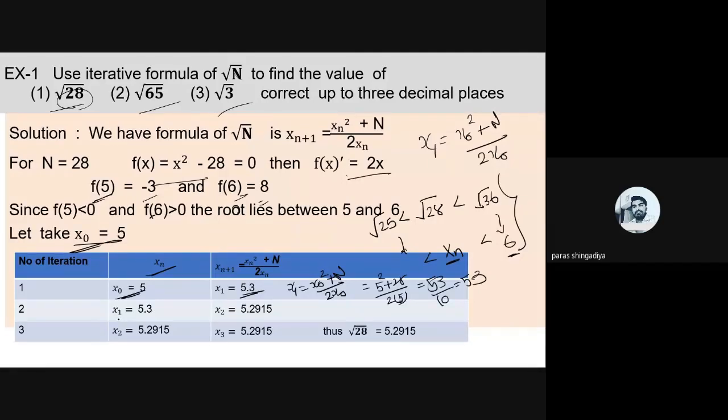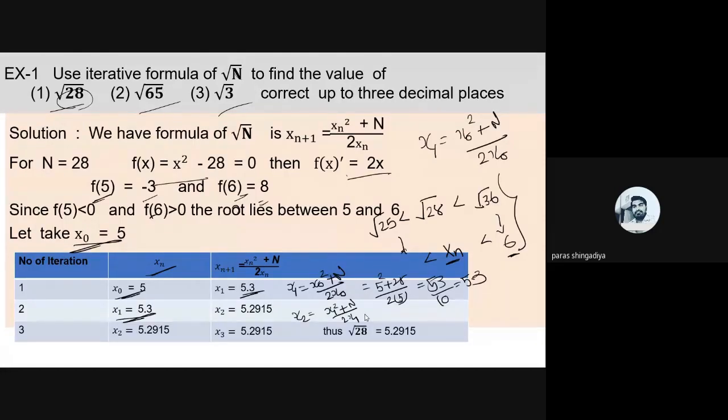For the second iteration, x1 is equal to 5.3. Now the formula of x2 will be x1 square plus n divided by 2x1. Clear? Here n is 28. So we get x2 is equal to x1 square plus n divided by 2x1. Now use 5.3 as x1.